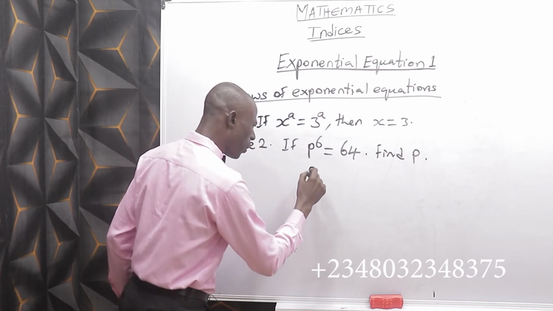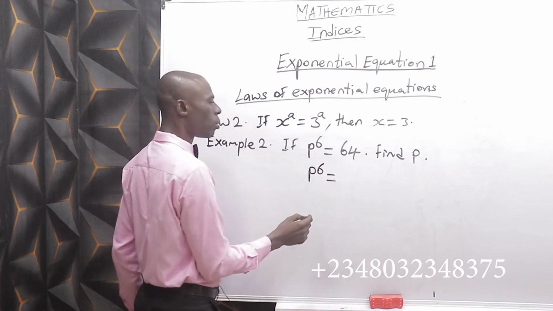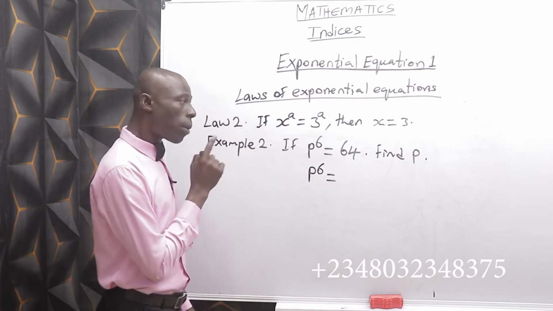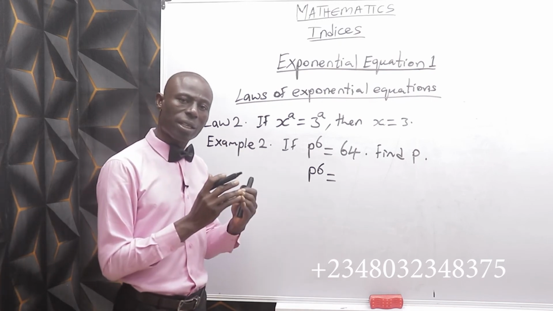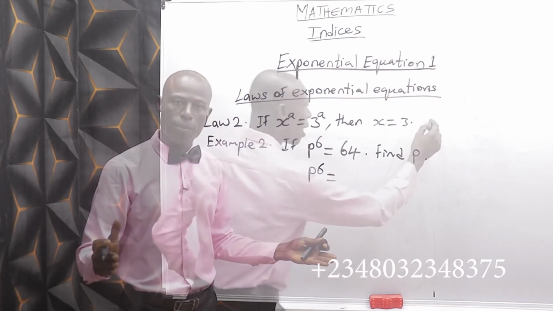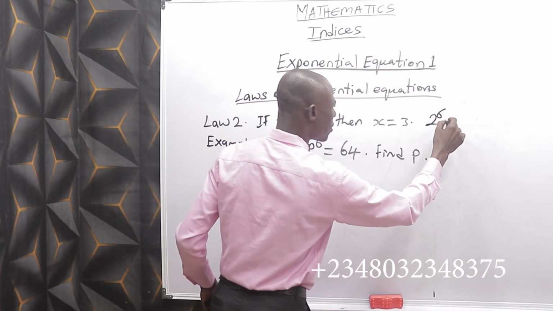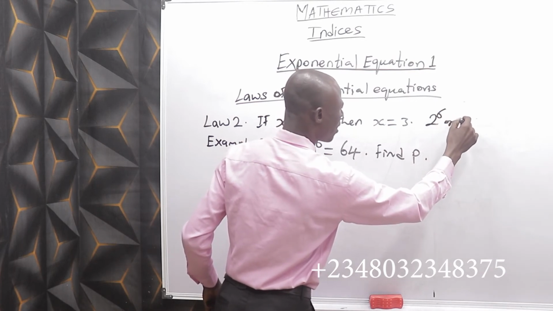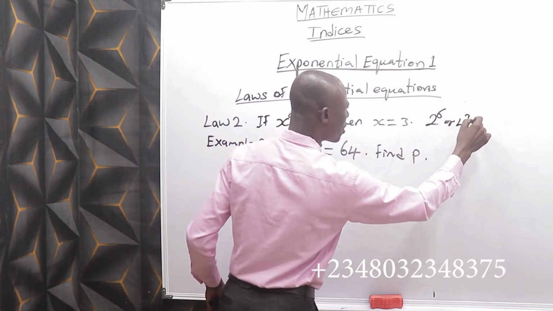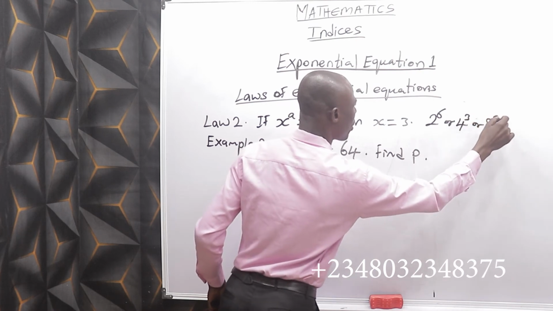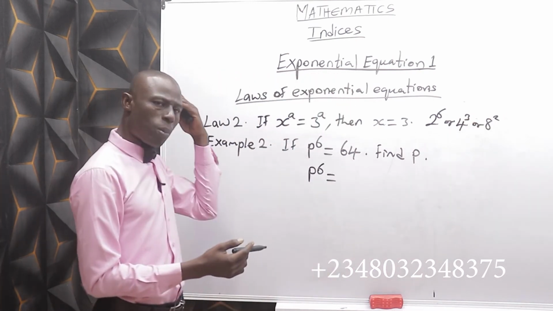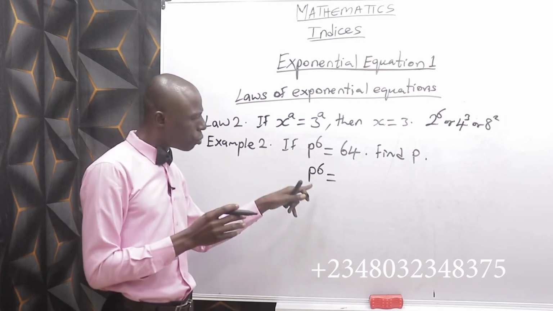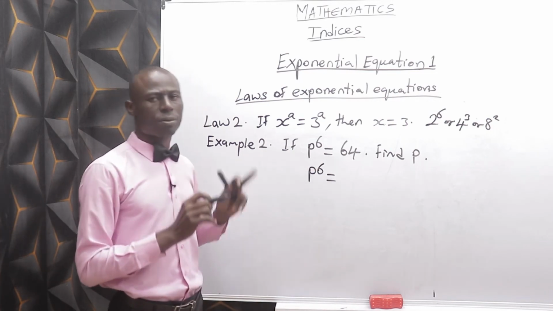So you have p raised to power 6 is equal to, now at this juncture, remember 64 could be expressed in index form in 3 different ways: as 2 raised to power 6, or as 4 raised to power 3, or as 8 raised to power 2. So you have to be very smart to know the one that suits each situation.